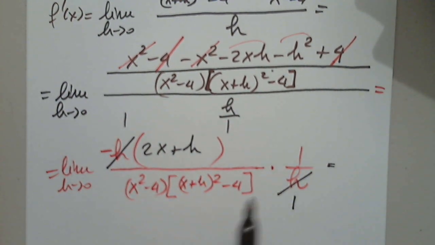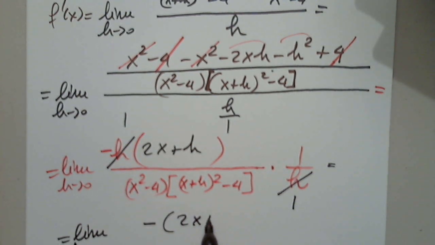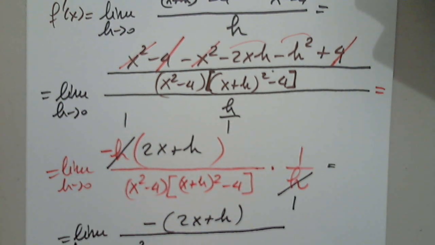Now at this point, I will apply the limit operator. I'm just going to write it one more time, so there is no ambiguity here. Now let's apply the limit operator.